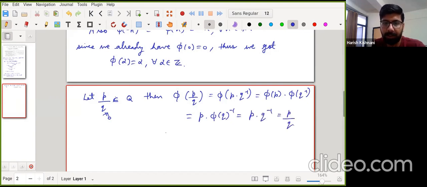All this is happening since p and q belong to Z and phi is a field homomorphism.